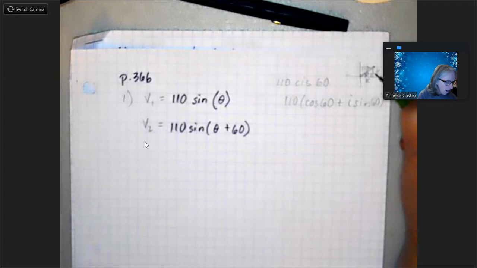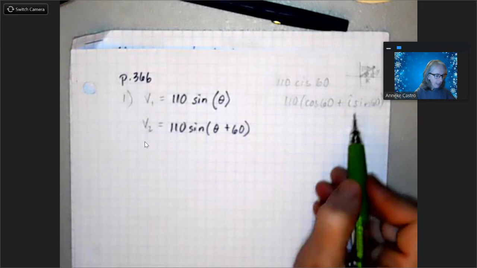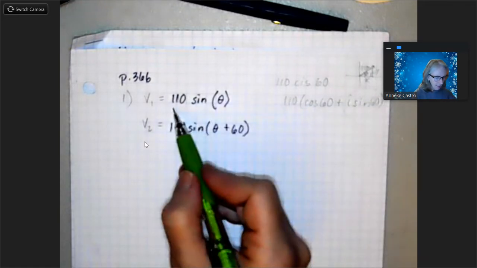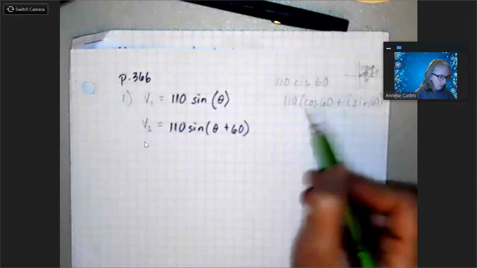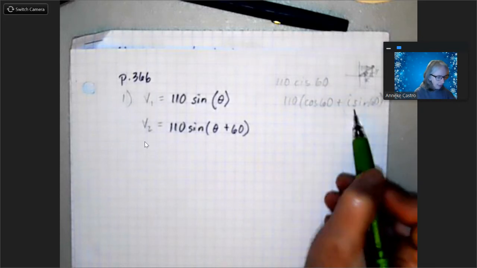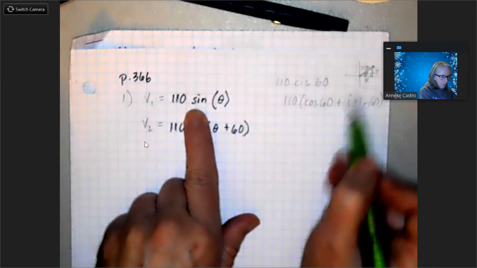And so notice when you're doing a sine function, we only care about the height. We only care about sine. And so it's just this part. So that's why we can change 110 sine theta into 110 cis 60, because we really don't care about the cosine part. Really, this is just the imaginary part of our function.